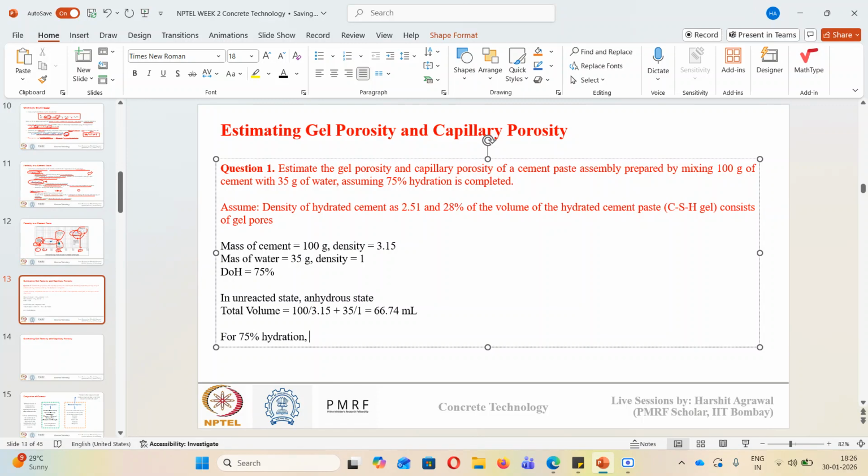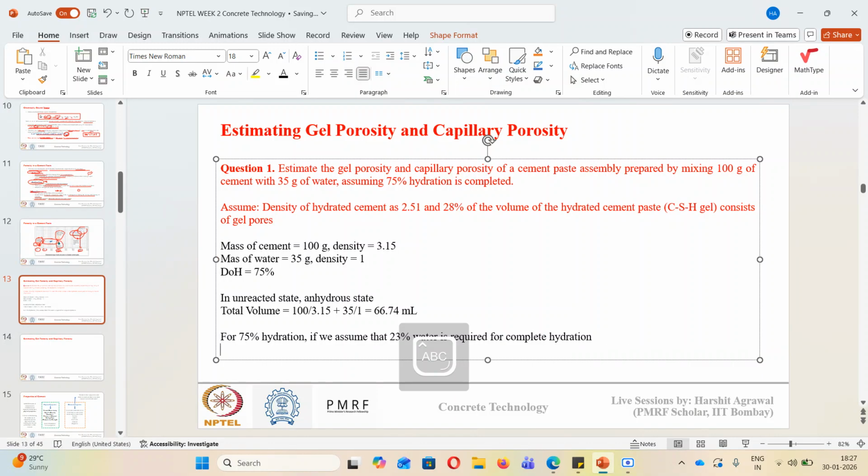For 75% hydration, if we assume that 23% water is required for complete hydration, then we can say that the volume of hydrated cement is equal to 100 plus 100 into 23%, times the degree of hydration, which is 0.75, divided by the density of cement paste, which is given to us as 2.51. So this will come out to be 36.75 ml.